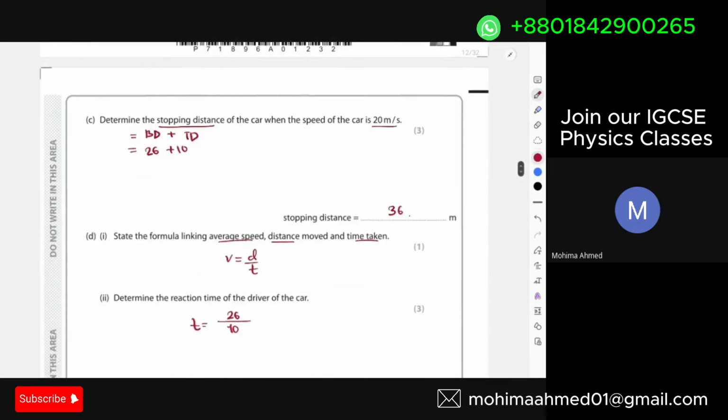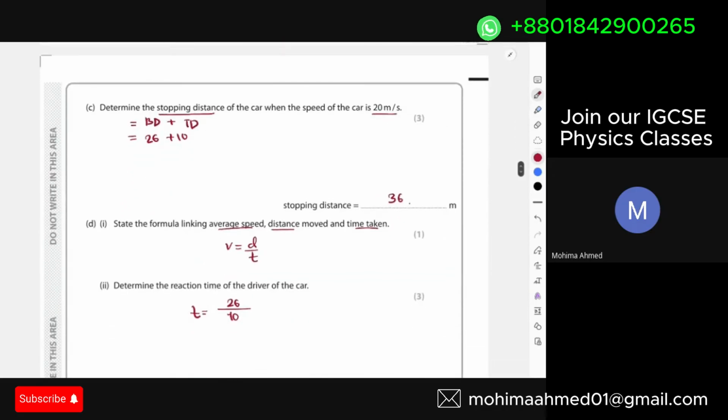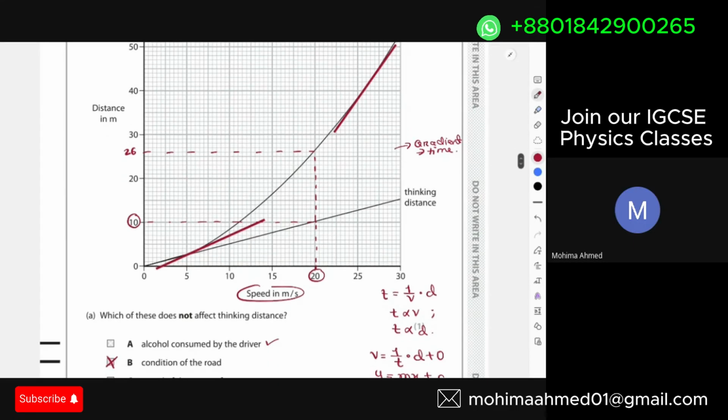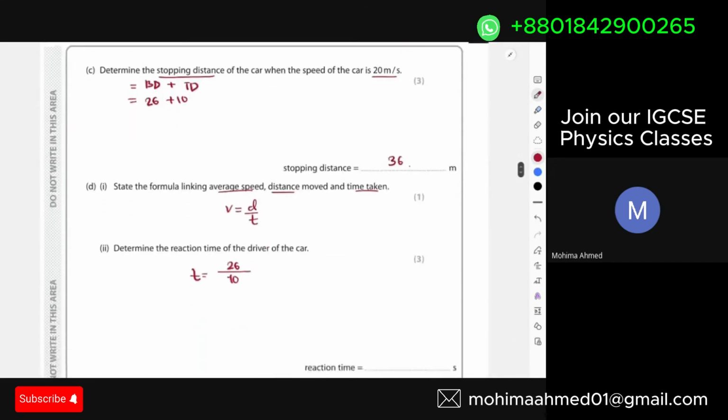What are they asking? Determine the reaction time of the driver of the car. Now, this is how I'm supposed to use the equation.